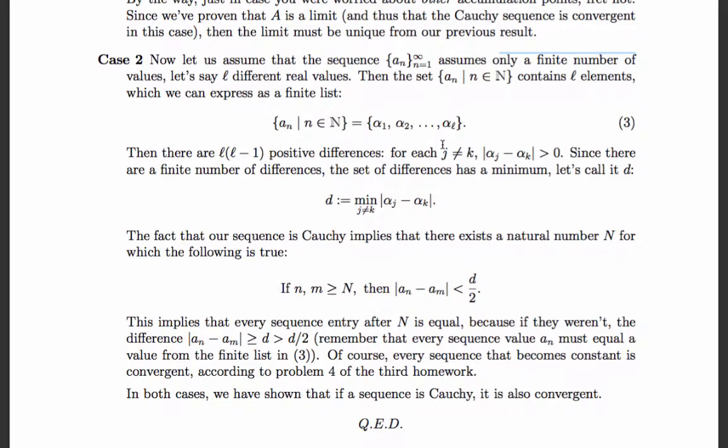In other words, for each j not equal to k, for j and k both being integers 1 through L, the difference between alpha j and alpha k is, in absolute value, positive. More importantly, not 0, because if it was 0, they'd be equal. And these difference values, there's only a finite number of them. In fact, we can say exactly how many there are. There are L times L minus 1.